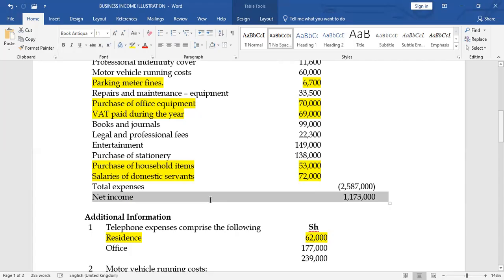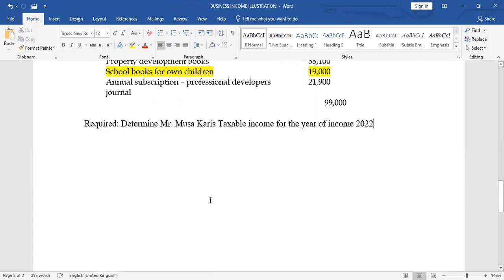And that is majorly what we learn in this topic. So we come here and write income. Do as I'm doing quickly.